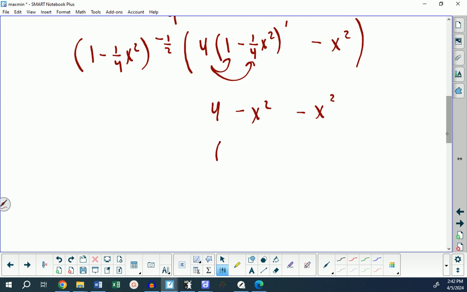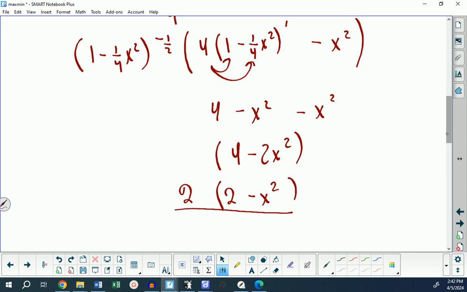So this factor is 4 minus 2x squared, or 2 minus x squared with a factor here of 2. And this thing on the bottom. I'm kind of not following a very rigorous path here, but do you understand what I did there? Okay.